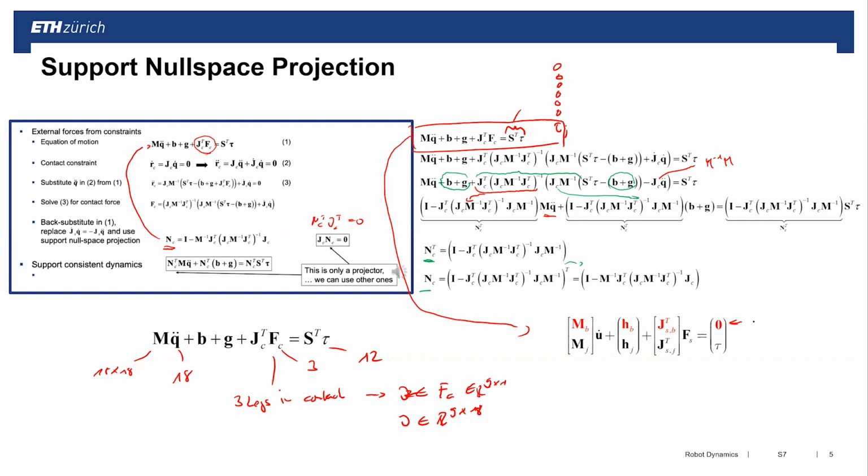So in other words, what I can do here is take another projector matrix, which I call N tau transposed, and I make this one equal to identity and then 0, in order to select only the upper red line. Then I get an equation which, from the dimensionality, is only 6 dimensions, which selects this base part of the actuation, and it has no actuation torque in there.